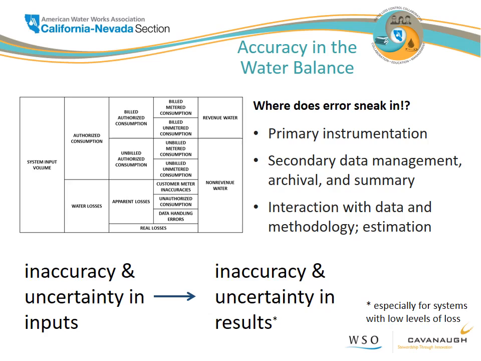That's where we typically go to retrieve this information, particularly when it's time to conduct the water audit. So those data systems can have issues in and of themselves that can create inaccuracy in some of our final numbers. And then lastly, we have our own human interaction with the data, what we do with it.